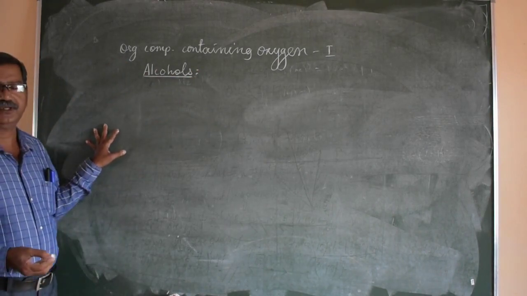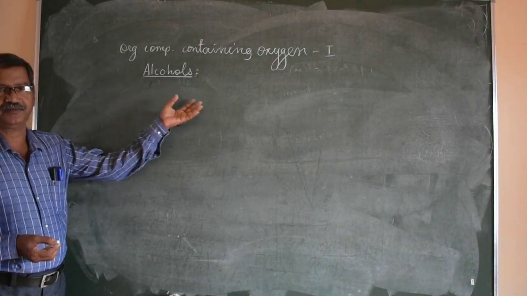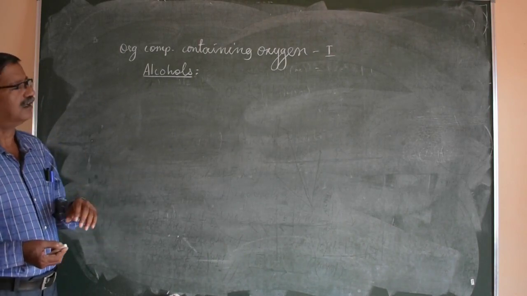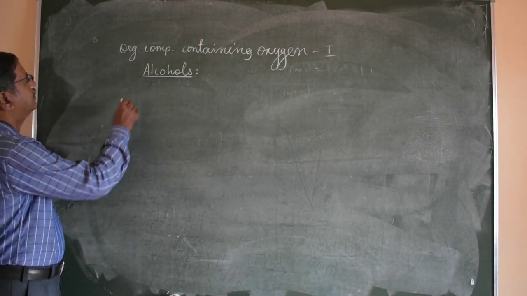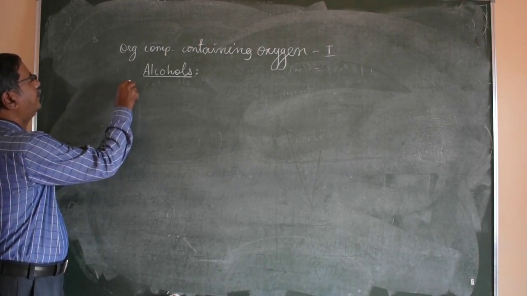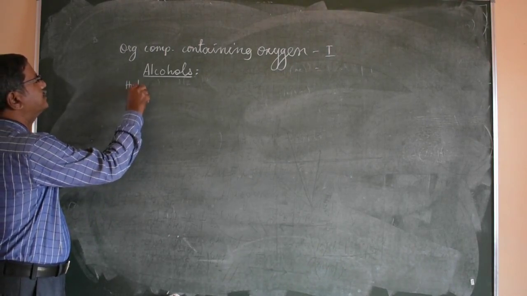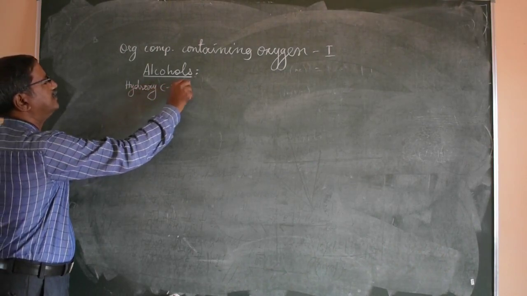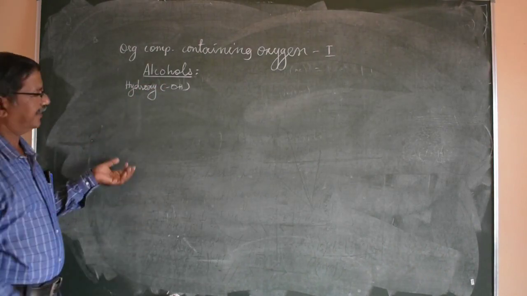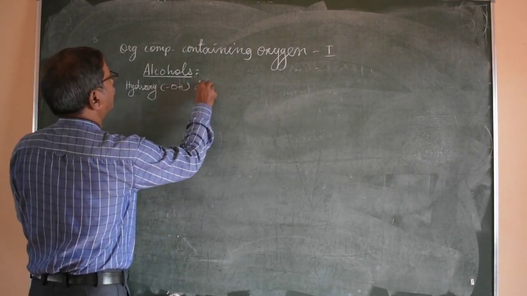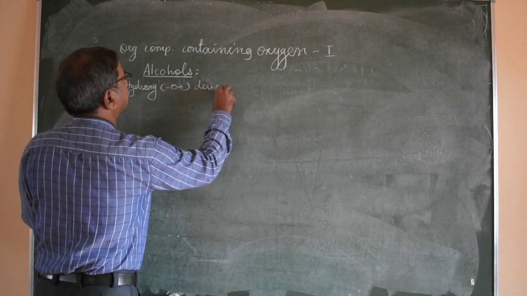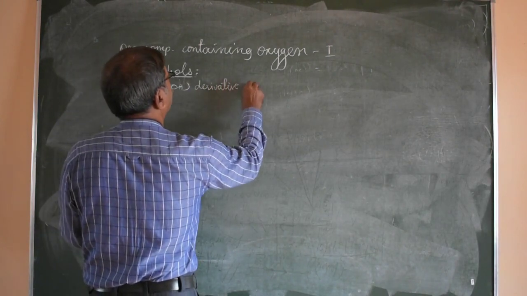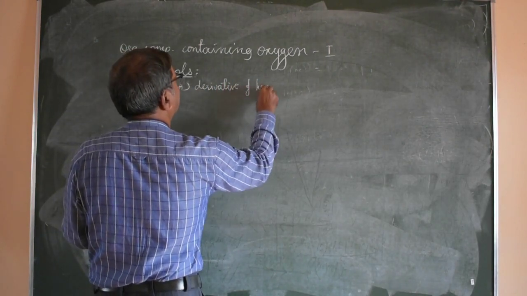As we know, the OH group is the functional group of alcohol. So we can define alcohols as hydroxy derivatives of hydrocarbons, where hydroxy means OH.